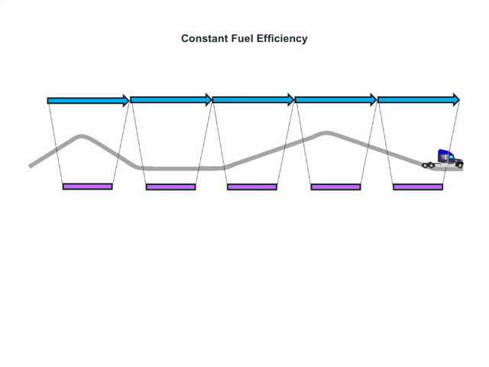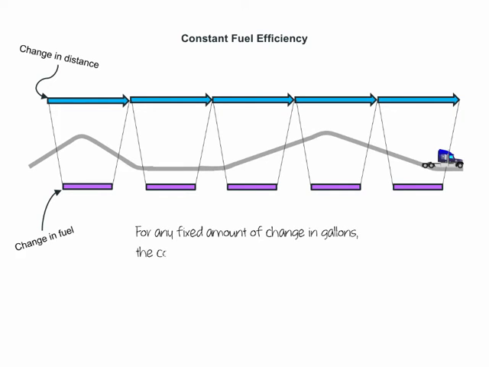In the second video, we looked at a constant rate of fuel consumption. For fuel efficiency, the two attributes of the truck's trip we focused on were a change in amount of fuel and change in distance. Constant fuel efficiency meant for any fixed amount of change in gallons, the amount of change in distance is constant.